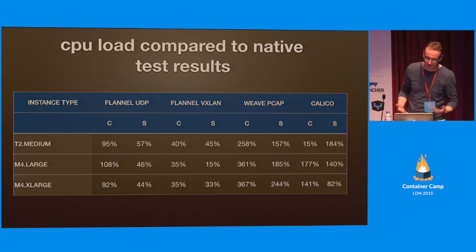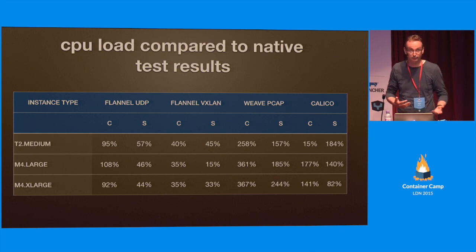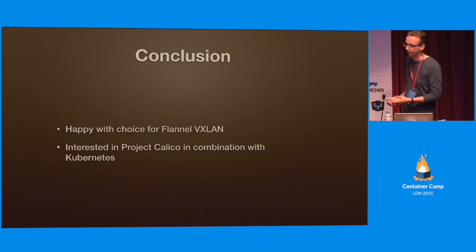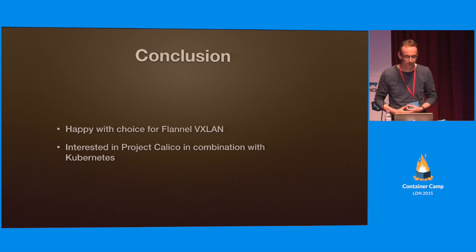So, yeah, what to choose? Just based on performance, and performance isn't the only thing. Of course, you might also choose technology like Weave for the functionality it offers, or Calico could also have different criteria to make your selection on.